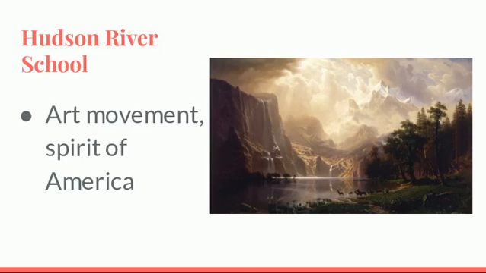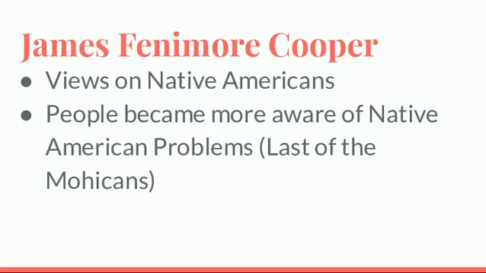Okay, anyways, that's what the Hudson River School is. Now, there are 2 blanks that are less likely to be on the AP exam. This class had too few people to add them in, so that's why I'm doing it for you. If you see James Fenimore Cooper, if you've ever heard of the movie Last of the Mohicans, some of you have probably done it in orchestra. He creates this book all about Native Americans and what happens to them.